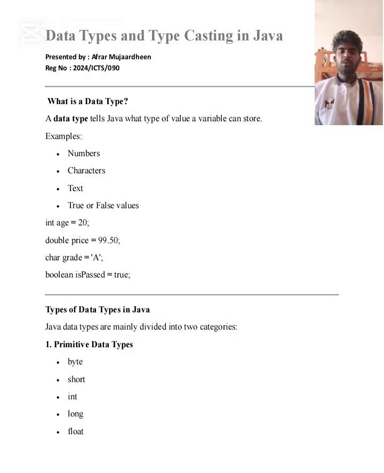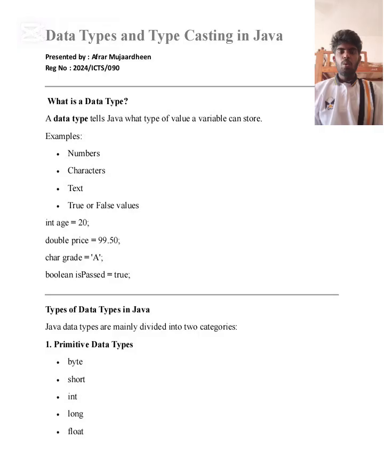Today I am going to give a presentation about data types and type casting in Java. In this presentation, I will explain what data types are, the different types of data types in Java, and what type casting means.